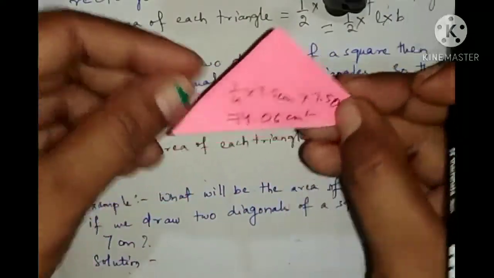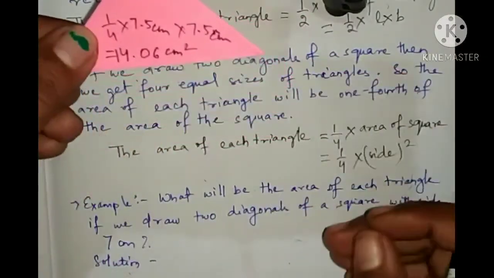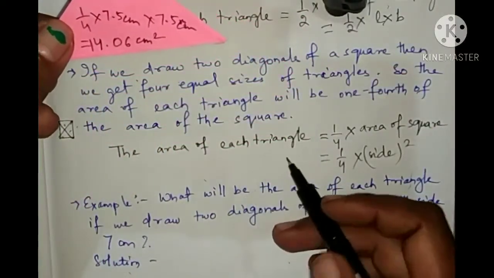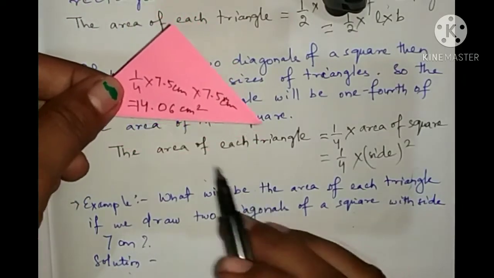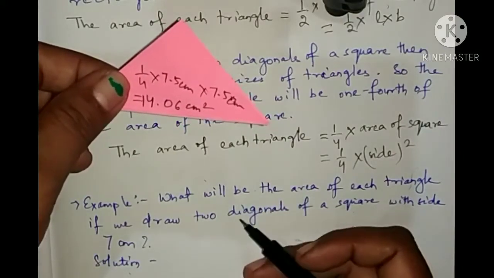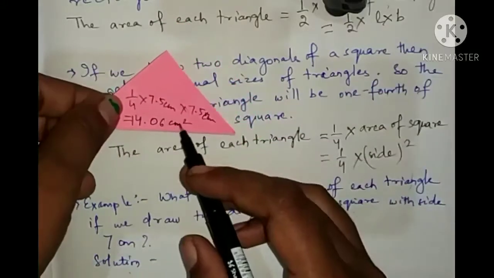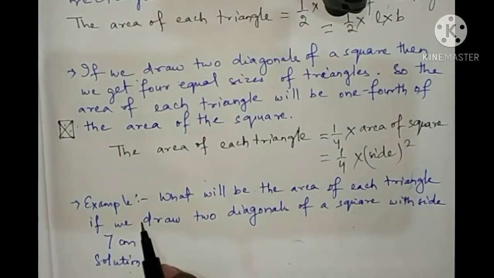Four triangles we are getting. So the area of each triangle of a square, how much is it? It is 1 by 4 into area of square, that is 1 by 4 into side into side.